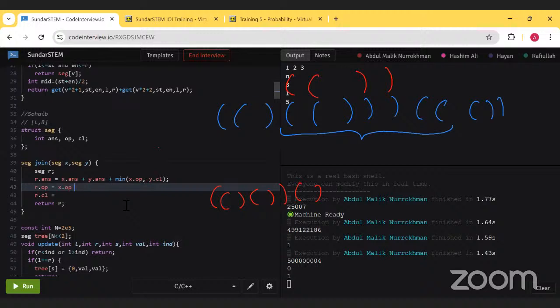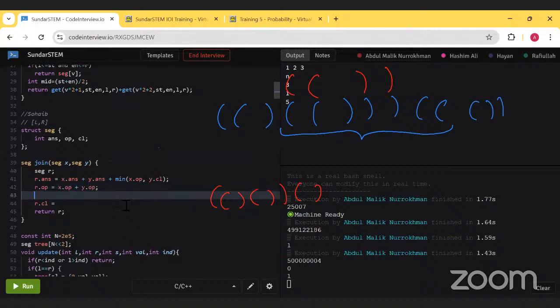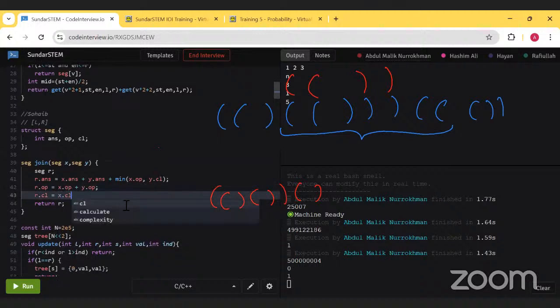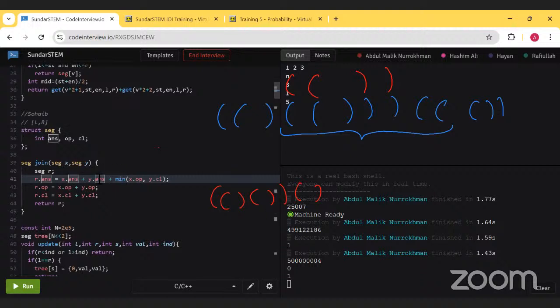Is it true? Just like this? If it is just like this, then the formula will not be just like this because some of them may already have a pair. Let's say, okay, that's correct. You already get the idea.